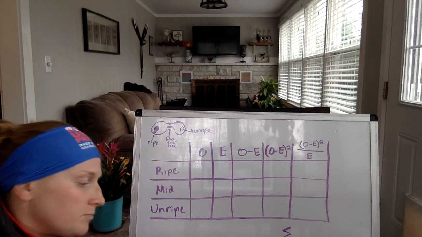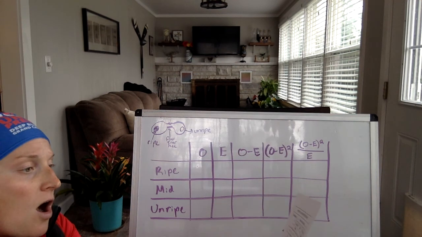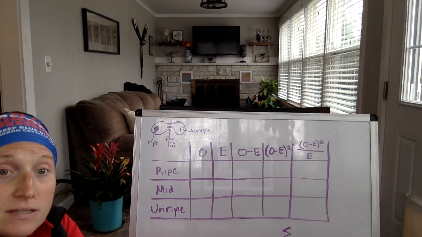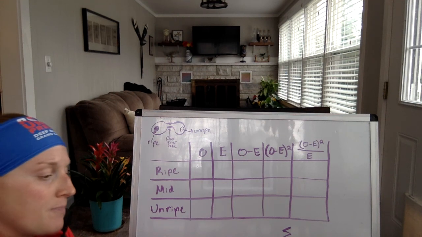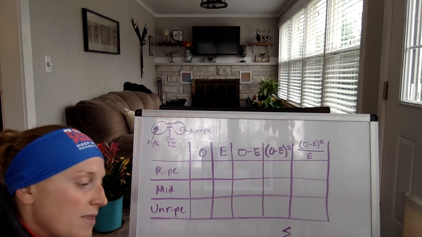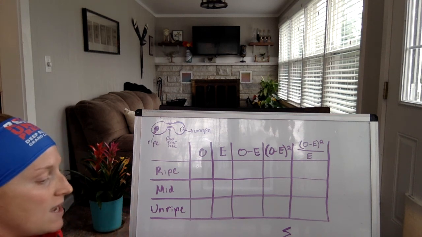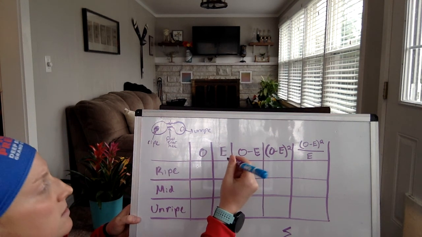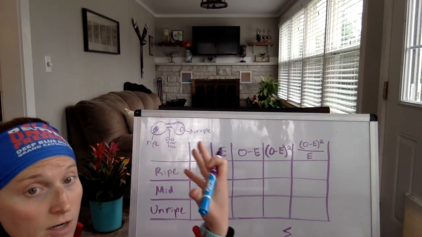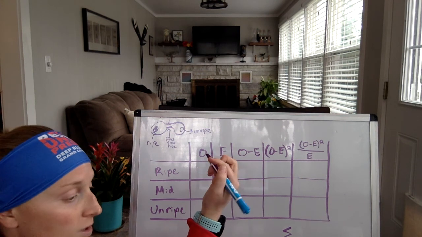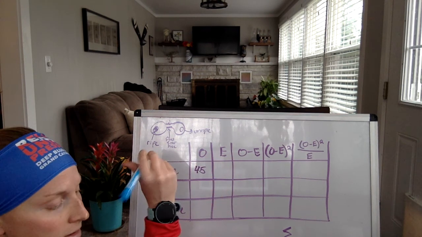So for ripe, we have to flip the page. You're performing a chi-square test on the data for the 10-minute time point. So we're focusing on the 10-minute time point. After 10 minutes we have 45 flies, so that would go under observed. We observed at the end of our experiment that 45 flies were on the ripe banana side.